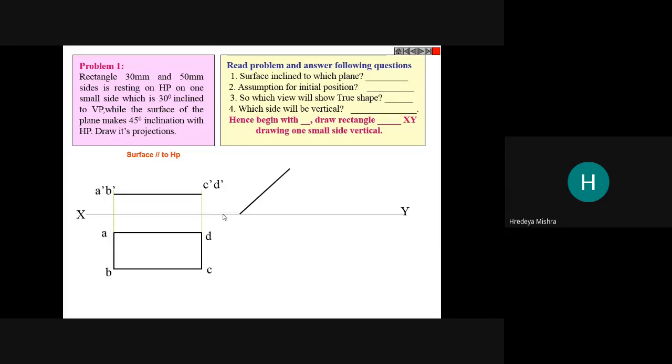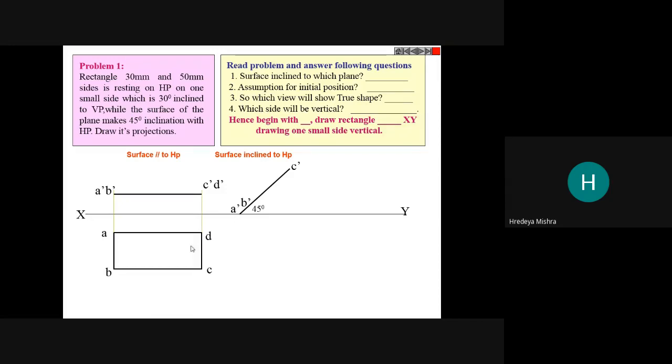Now what happened? 45° inclination we need. So we have to draw the 45° inclination here. See, this is the 45° surface inclination. Now draw the projection.